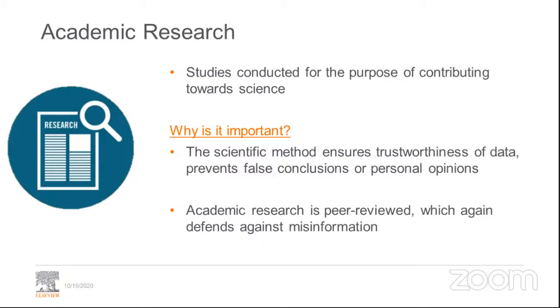If they have comments or edits, you have to address these comments, and they don't publish the paper until they make sure that everything is settled or is valid. That's why we always say that the peer review articles or the academic research articles are reliable or are trustworthy.